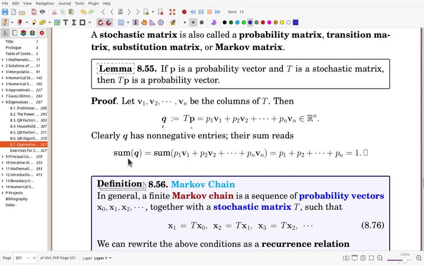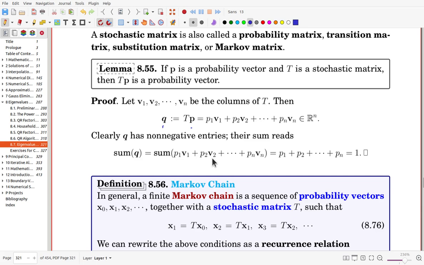Now let's check if the sum is 1. The sum of Q is the same as that. Now we sum vertically for each vector v1. The sum of v1's entries must be 1 because it's a column of the stochastic matrix T. So each column is a probability vector, so the sum must be 1.